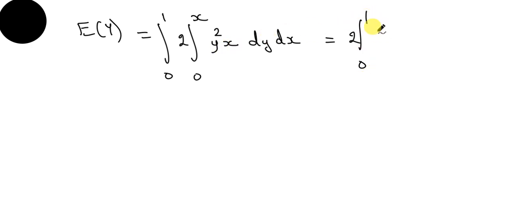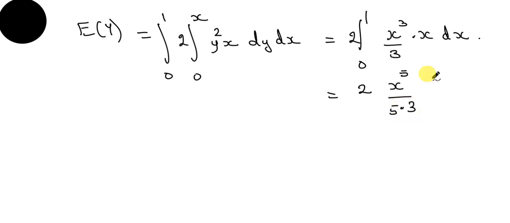Y, when I integrate, becomes y cube by 3, so this will be x cube by 3 into x dx. So this will be 2, x power 4 will become x power 5 by 5 into 3, all between 0 to 1. So this will give me 2 divided by 15.